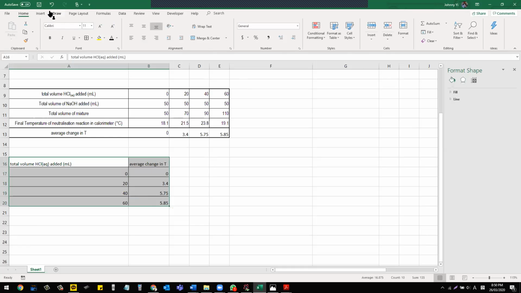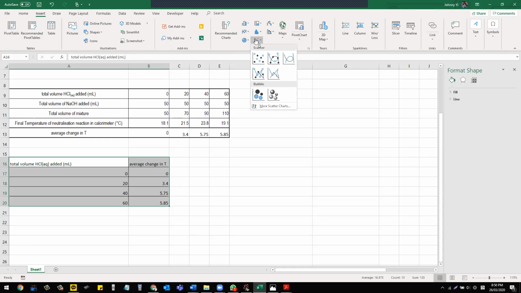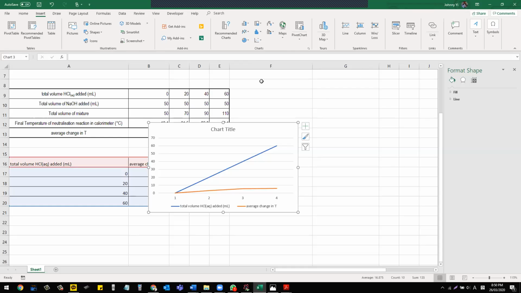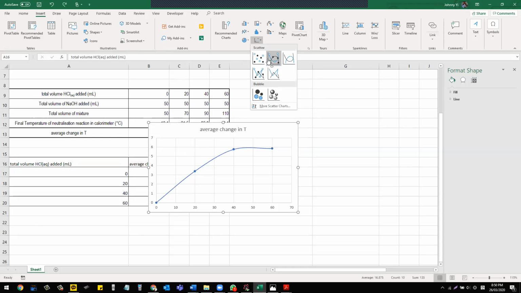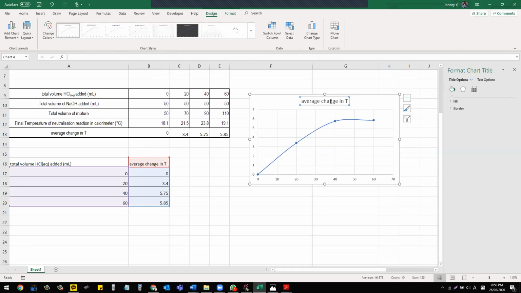So maybe I can do that, insert. Like that, you know? So change in temperature versus volume of acid added, okay?